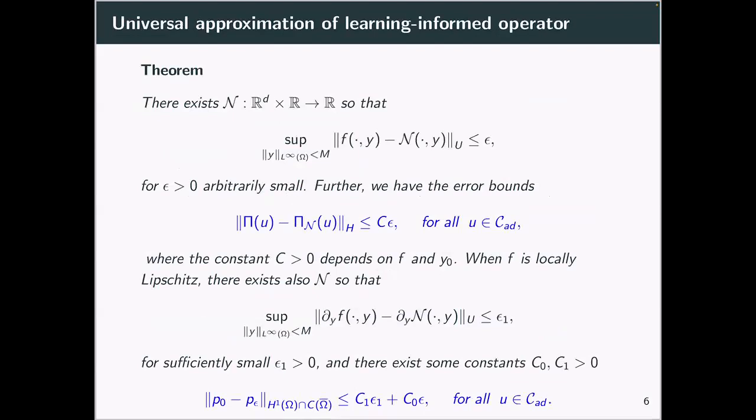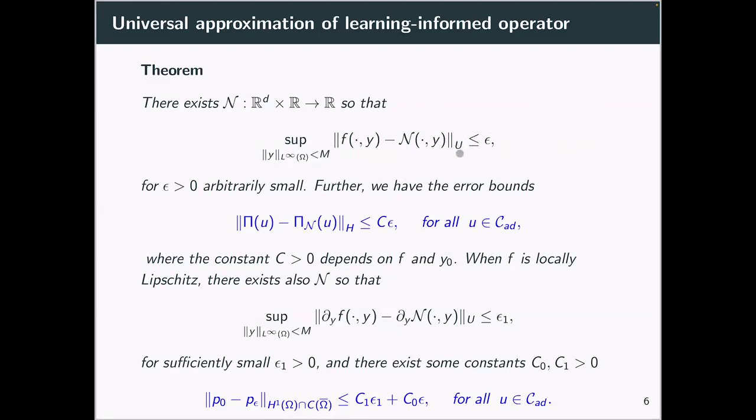Then after that has been established, we can prove a universal approximation property for the solution map of the learning-informed PDE and the original PDE. Given F satisfies some assumptions, and using the universal approximation theorem for maps in finite dimensional space for bounded domains, we have this result immediately.